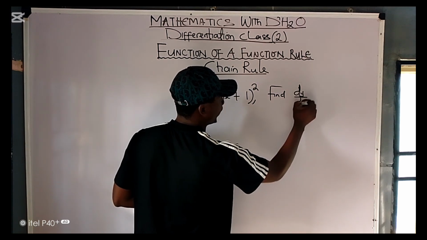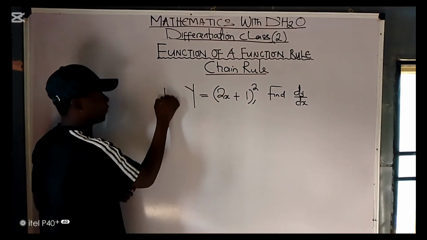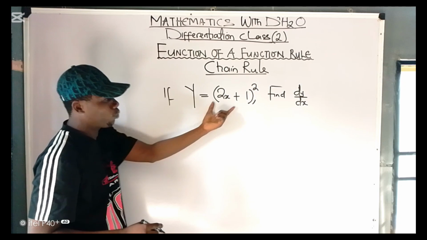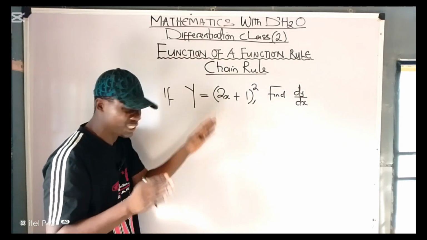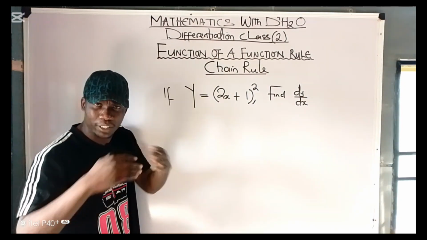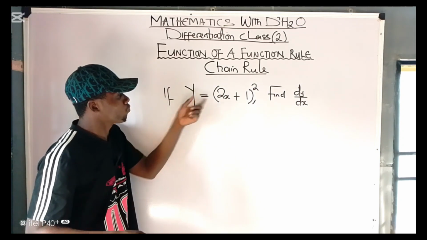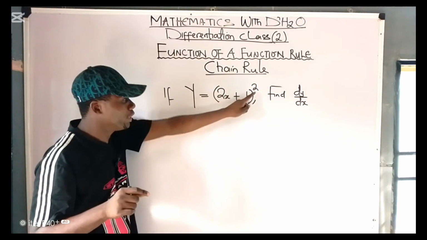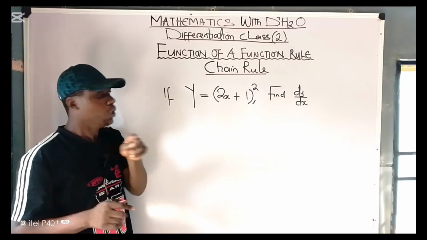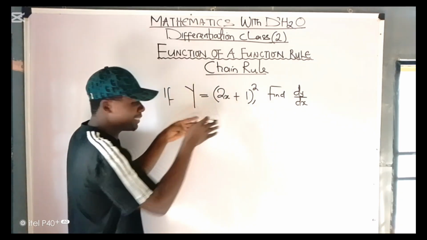If y is equal to this, how do you differentiate this? This is quite easy. Why? Because the power of this variable is raised to the power of what? 2. We can simply expand this.